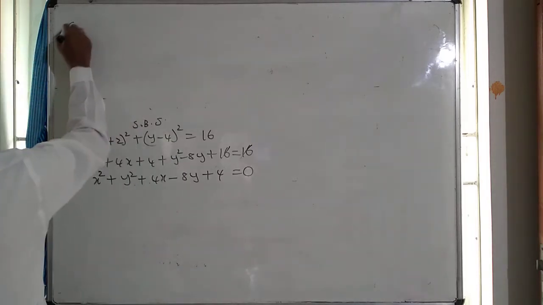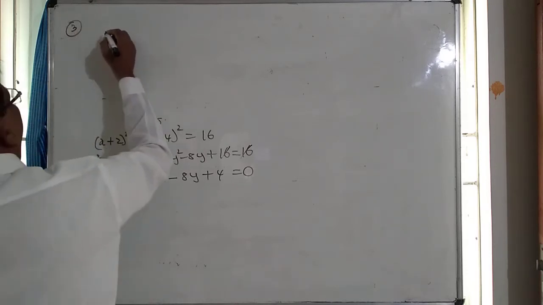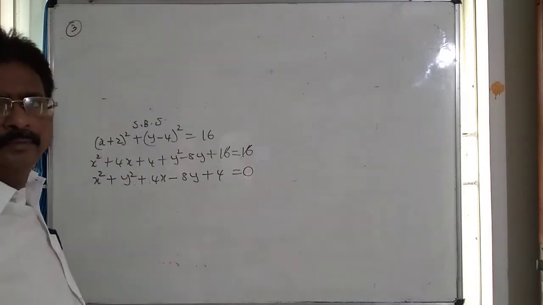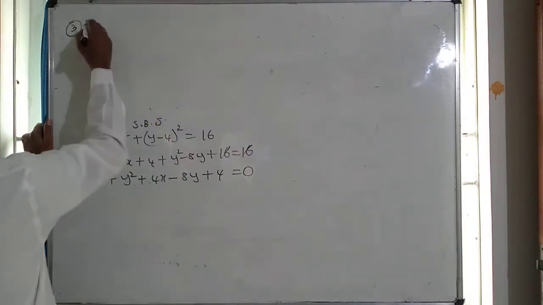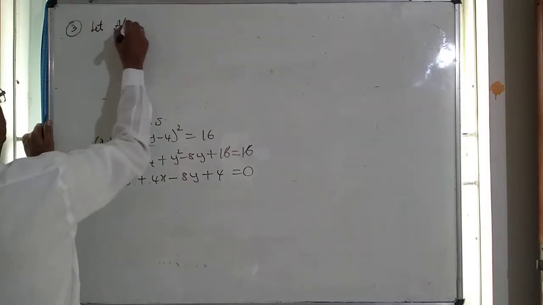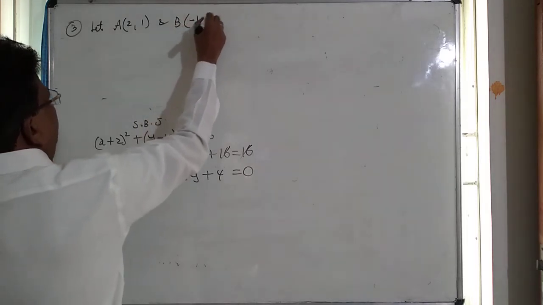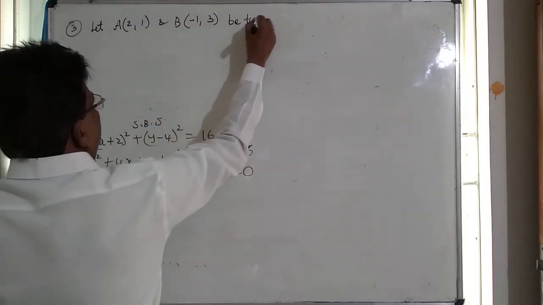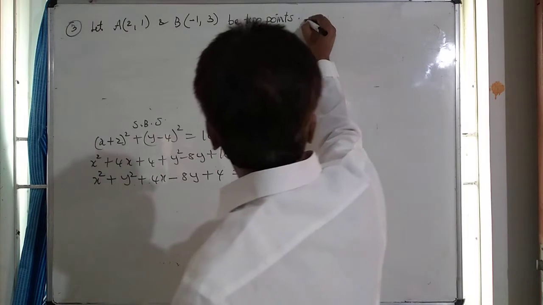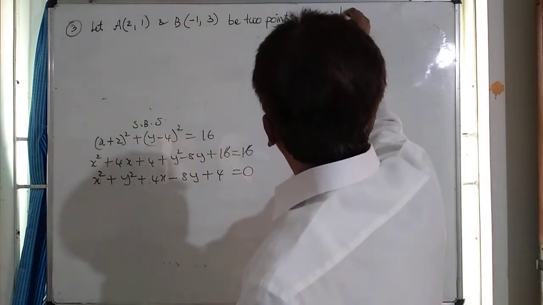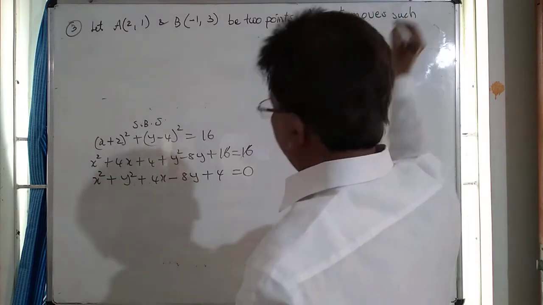Next problem. Let A (2, 1) and B (minus 1, 3) be two points.